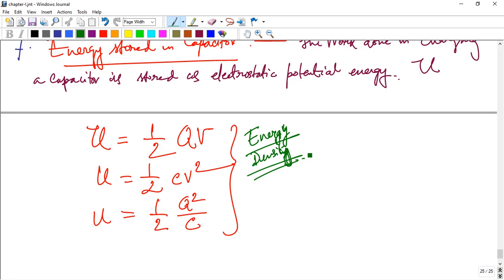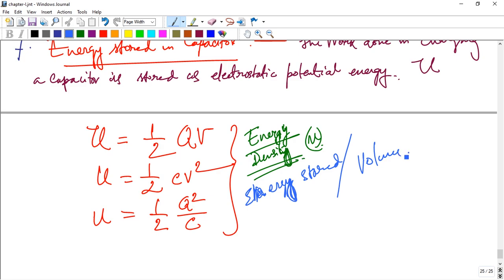So energy density, that is U, is also equal to energy stored per unit volume. That's the energy density.